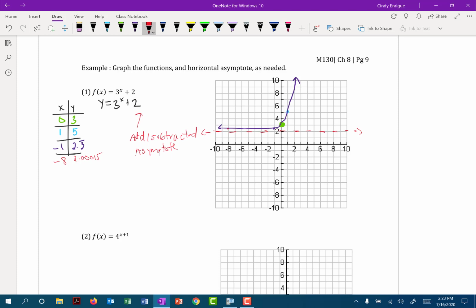Here, y is equal to positive 2 will be your asymptote, because it's adding 2. So I have graphed the function and the horizontal asymptote.